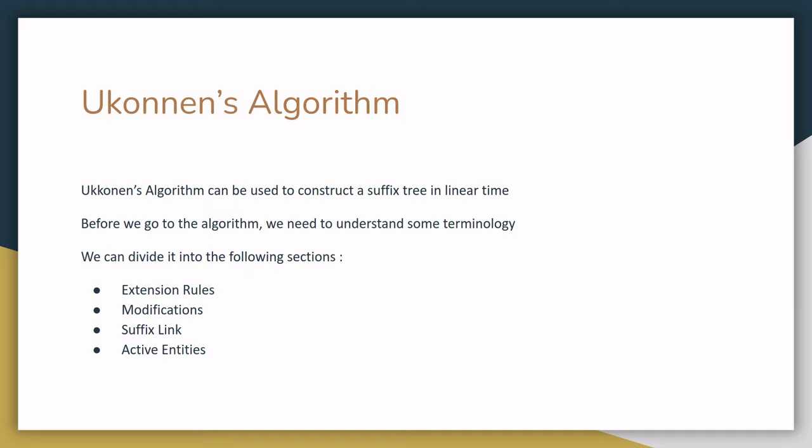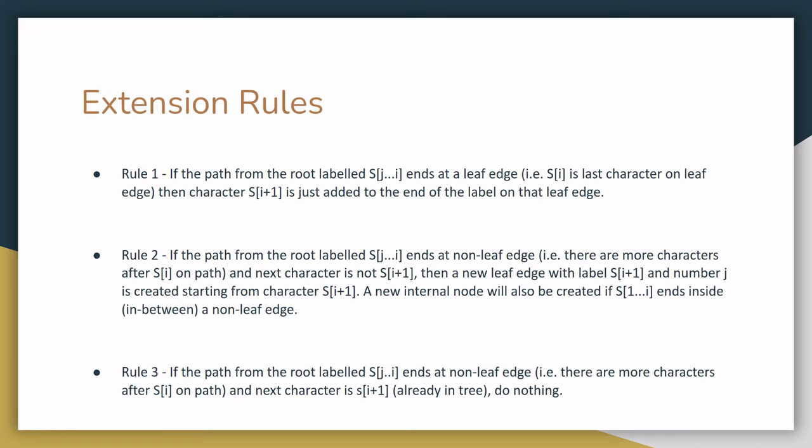This might seem a bit overwhelming right now, but as we go through each and every step, each and every concept, and then once we look at a few examples, it will become very clear. So first, let's have a look at the extension rules.